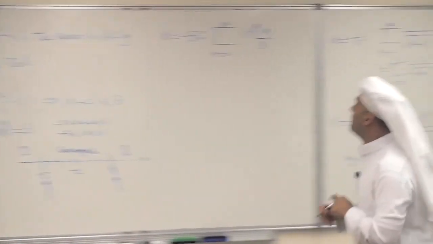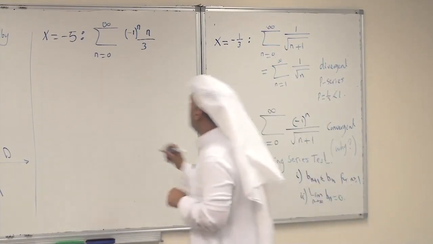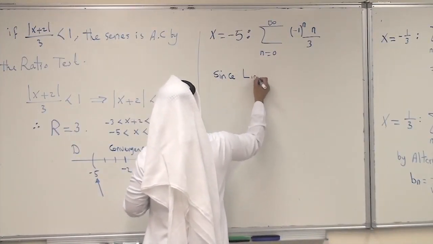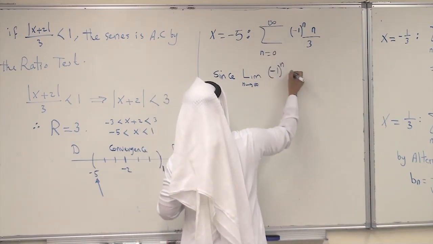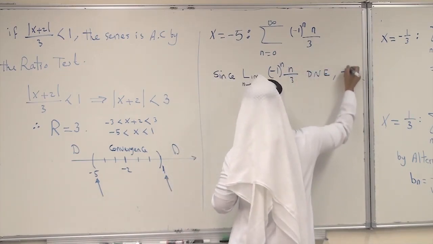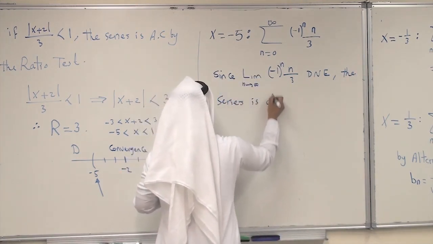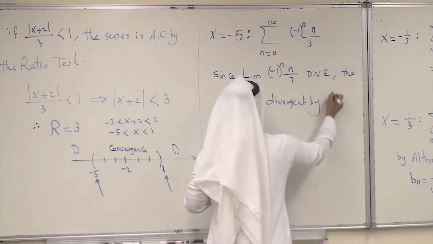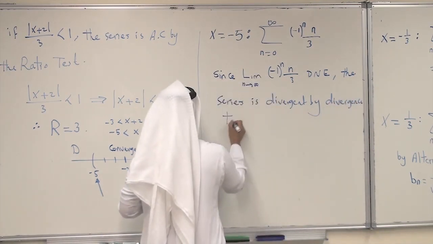What can we say about this series? Clearly, this series is divergent. Why is it divergent? I will say, since the limit as n goes to infinity of the nth term, minus 1 to the n over 3, does not exist, the series is divergent by the Divergence Test.